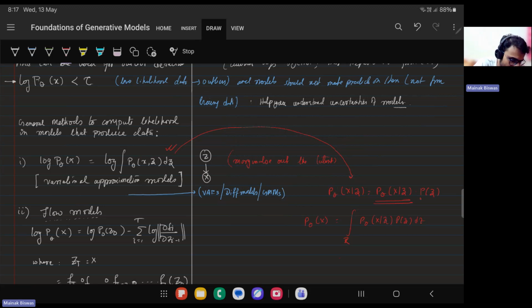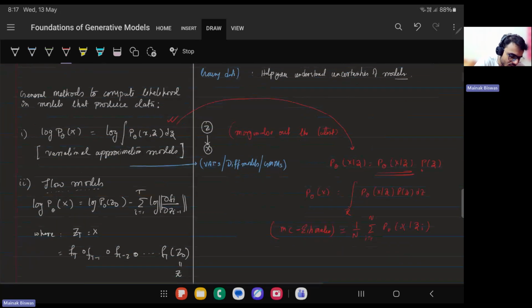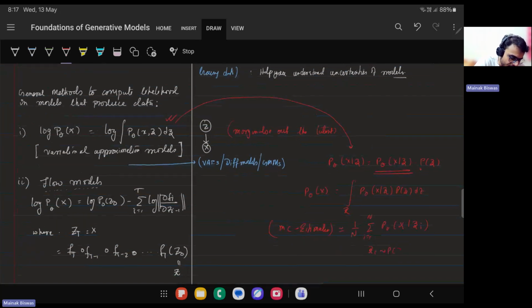So the Monte Carlo estimate is 1 over n, sum from i equals 1 to n, of p theta of x given z_i, where z is sampled from p of z. That is one method to compute likelihoods for variational approximation.